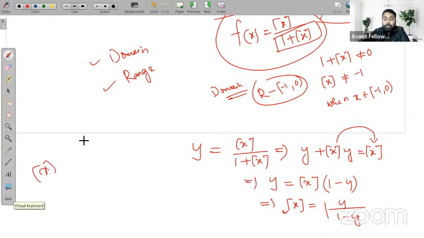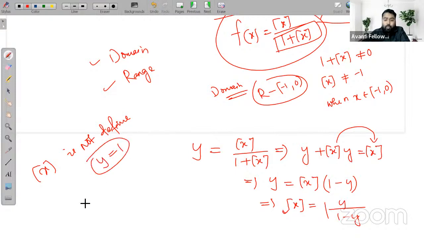The greatest integer of x is not defined when y is equal to 1. Is that clear? That means y can't take the value 1. Is that clear to everyone?